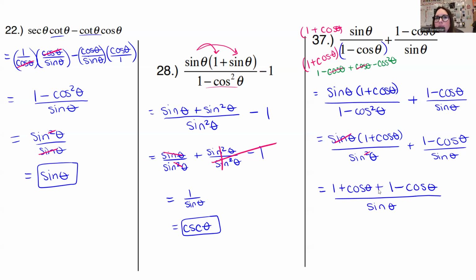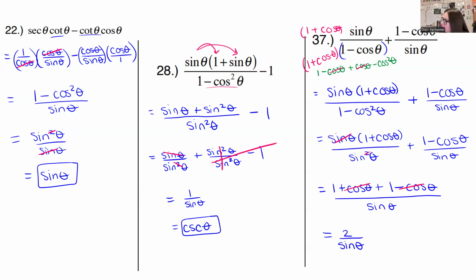Looking at my numerator, what's 1 plus 1? 2. Okay, so in my numerator, I have 2. And then what is cosine minus cosine? Yeah, these cancel each other out. So I'm left with 2 over sine.